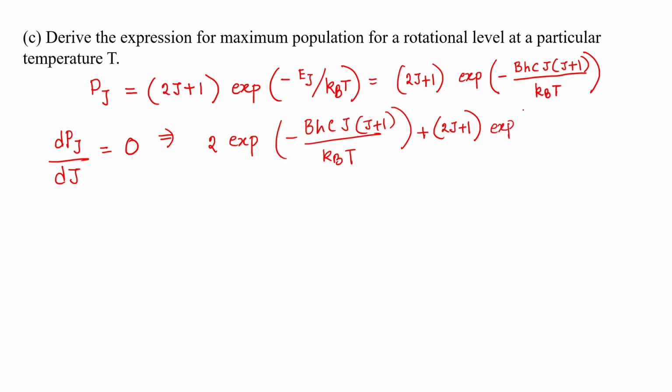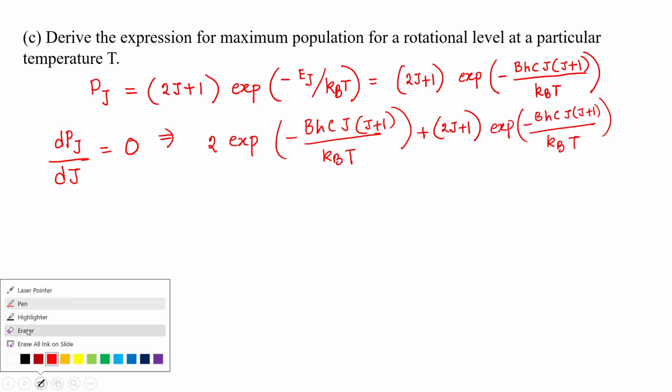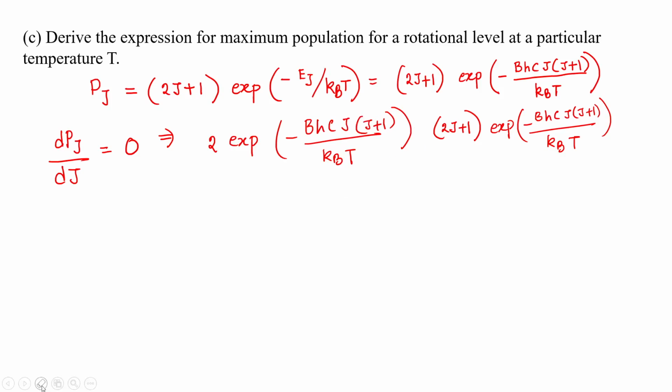This will be the same, with a minus sign obviously because the minus is there, right? And I also have to take care of the J into J plus 1, that is J squared plus J, so the derivative is 2J plus 1.